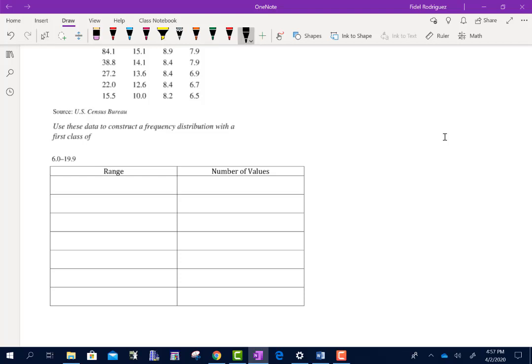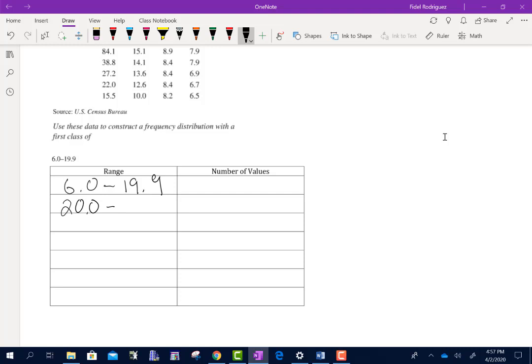So it says, use the data to construct a frequency distribution with the first class. What it's telling me is that the first class is going to have a range of 16.0 to 19.9, okay? So if I know that this one ends at 19.9, this one here is going to start at 20.0, okay?